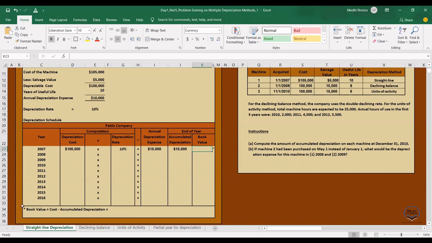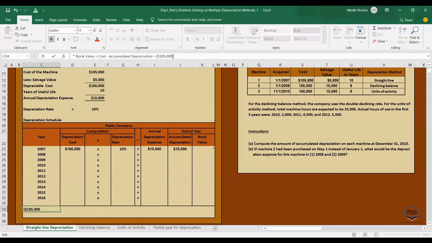So how do we calculate the book value? We calculate the book value by cost minus the accumulated depreciation. I have given a star and written it over here. In case of accumulated depreciation, it will be in brackets. For us, this is the actual cost of the machine, $105,000, minus the accumulated depreciation for the year, that is 10,000.